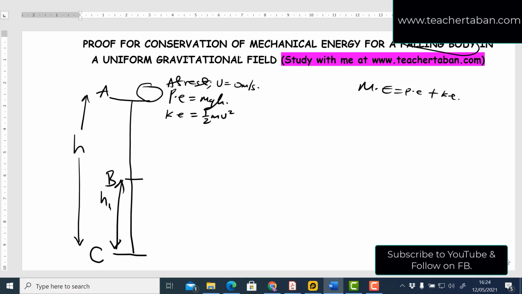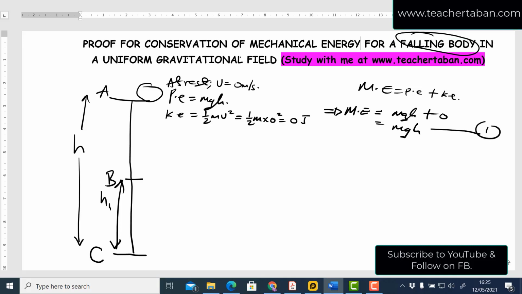But remember that our u is 0, which implies that this is the same as half m times 0 squared, which gives us 0 joules. So the mechanical energy at point A is mgh plus 0, which gives us mgh, like that.